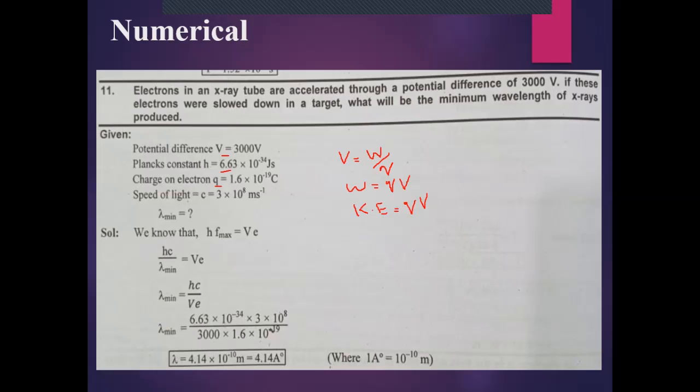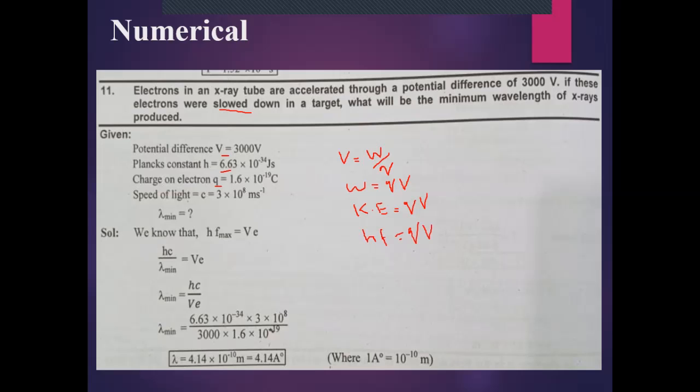So when an electron is moving with kinetic energy equal to QV and it strikes the target material and gets slowed down, its kinetic energy is converted into X-rays of energy hf equal to QV.